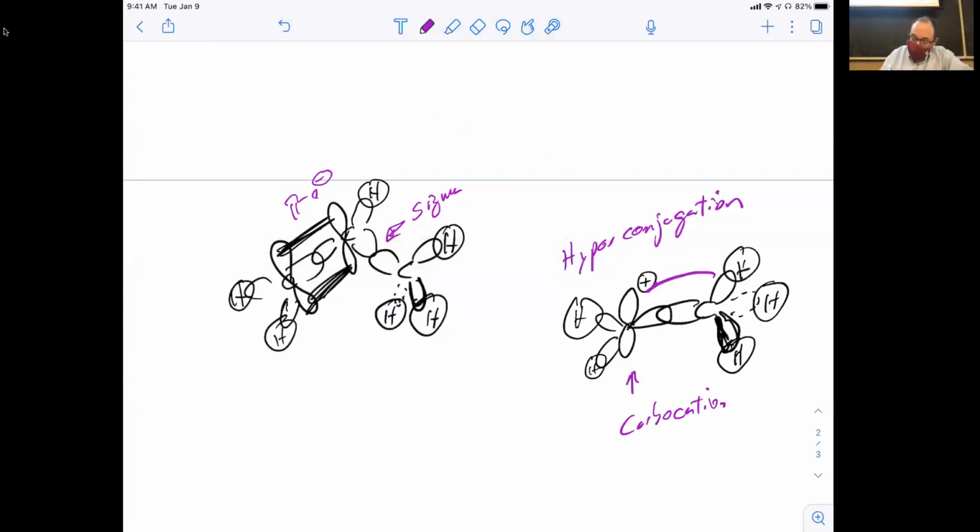And we get back donation from an sp3 to the p. So that's why a more substituted carbocation is more stable, because you're getting hyperconjugation. You're getting back donation from the sp3 orbital to that empty orbital. Except for this example, we do not have conjugation where there are electrons. We have hyperconjugation when we have a carbocation, and that's the reason for the stability of carbocations.